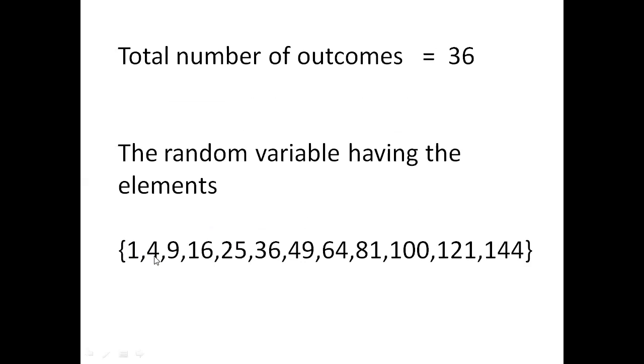Now the random variable has the elements 4, 9, 16, 25, 36, 49, 64, 81, 100, 121 and 144. These are the elements in the random variable based on the definition.